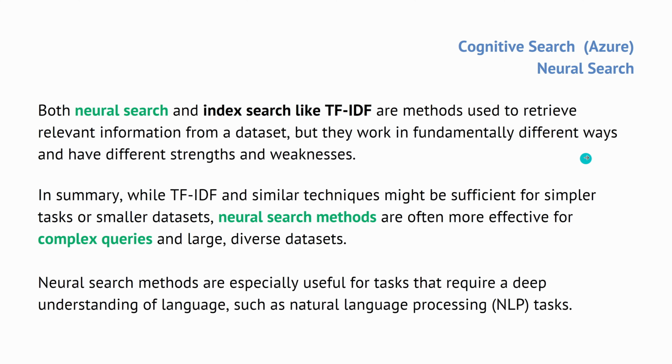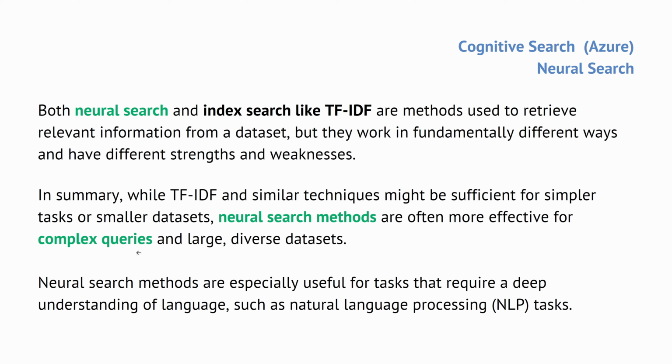So, summing up, both neural search and index search like TF-IDF have strengths and weaknesses. But if you combine them, you get more or less the best of both worlds. While TF-IDF and similar techniques of indexing might be sufficient for simpler tasks or smaller data sets, neural search methods are often more effective for complex queries.